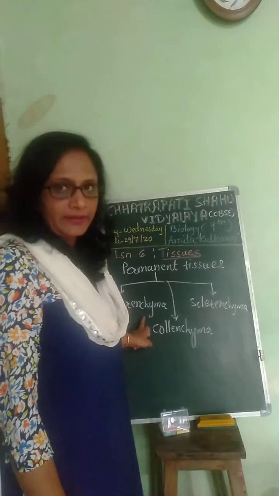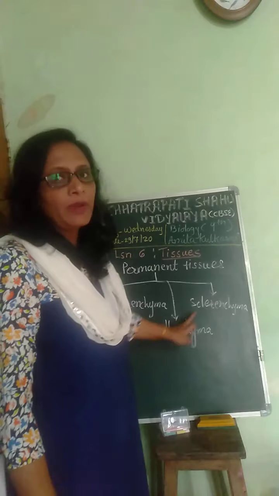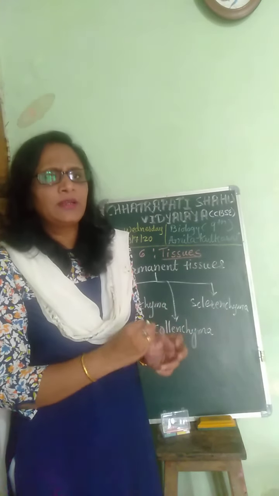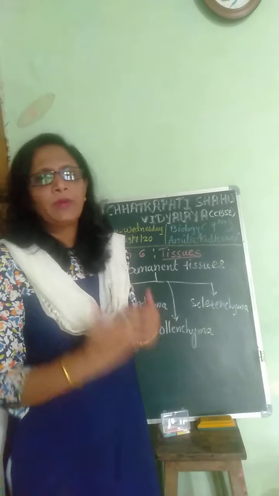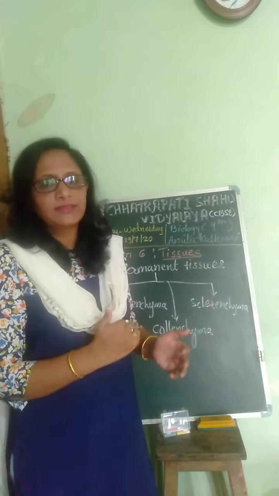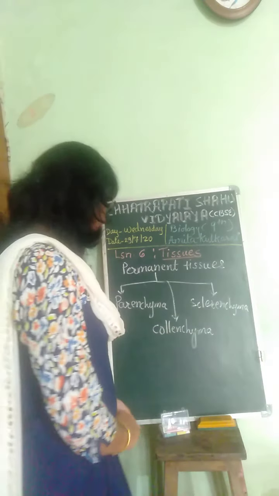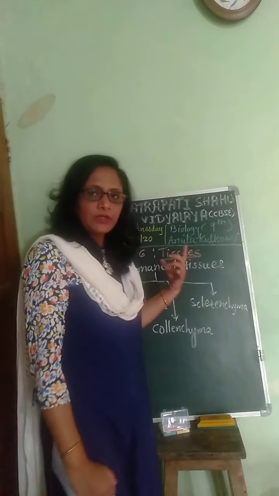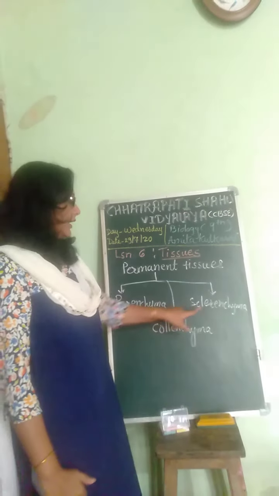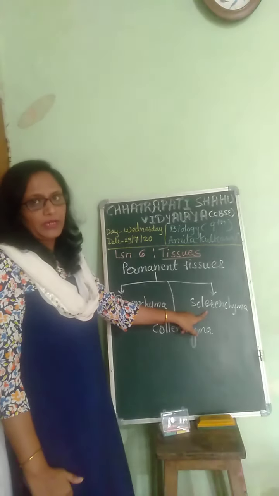First is parenchyma, second is collenchyma, and third is sclerenchyma. The names are a little bit tough to remember, but as you go on proceeding in this lesson and go on pronouncing and studying, you will be able to do it. So we are going to study them one by one.